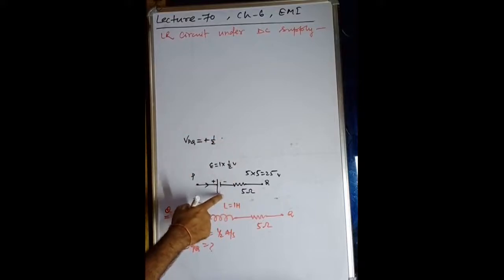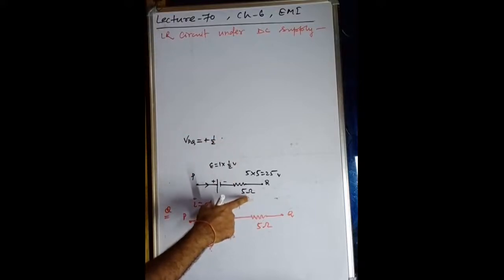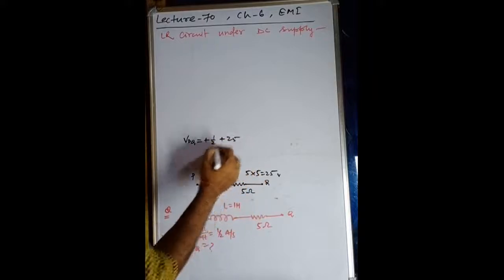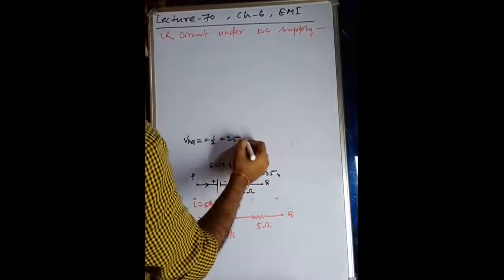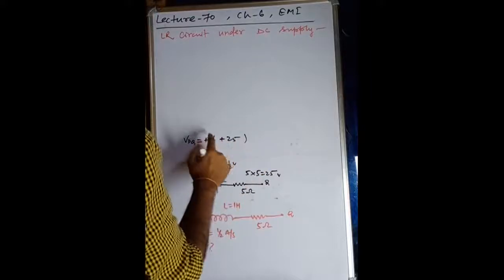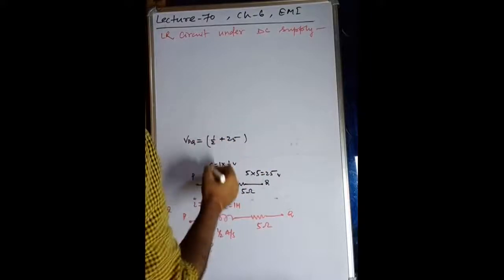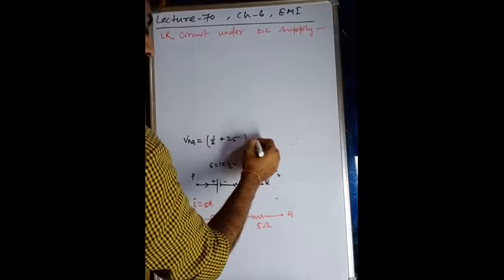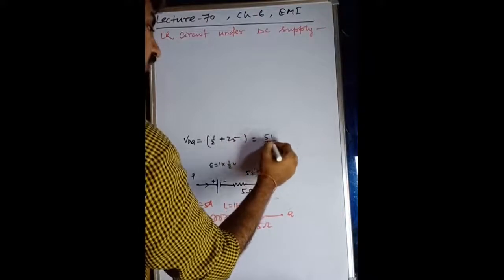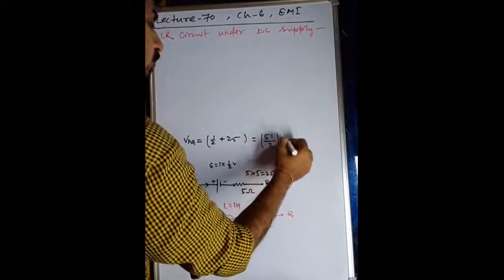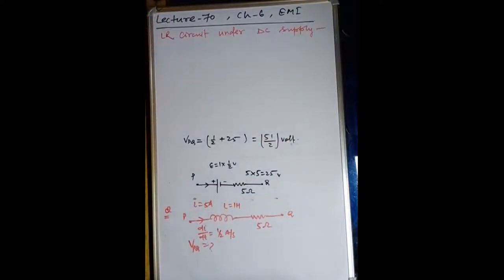Now, in the direction of current we are going, so it will be plus, and how much potential here? 25. So, it will be 25 and a half. We can write it as 51 by 2 volt. Okay, my dear student.